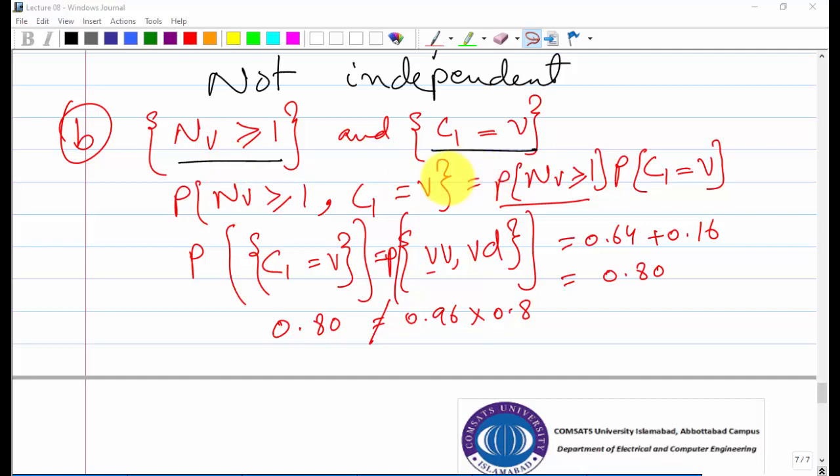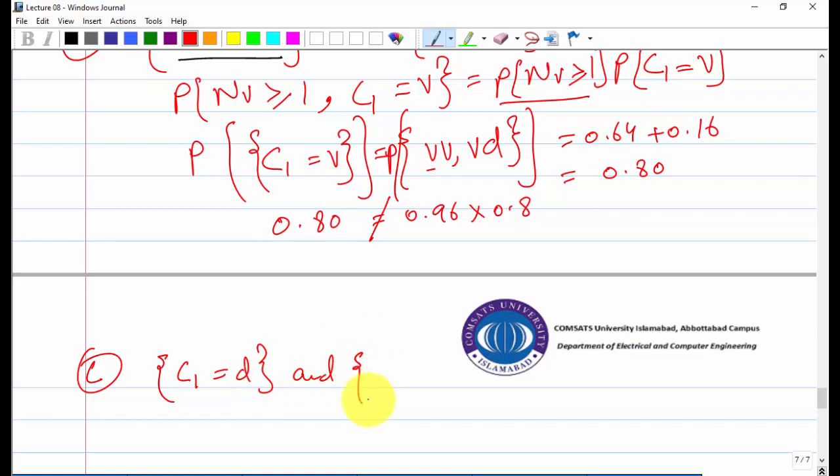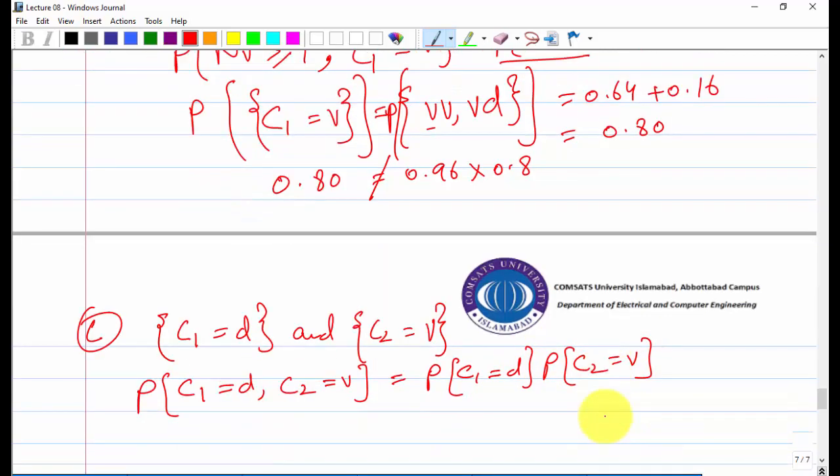Now let's move to the next part of this problem, part C. In C it says that we have to check the independence of the events C1 is equal to D and C2 is equal to V. So it means that we need to find C1 is equal to D intersection C2 is equal to V, which should equal the product of the probabilities of the individual events.